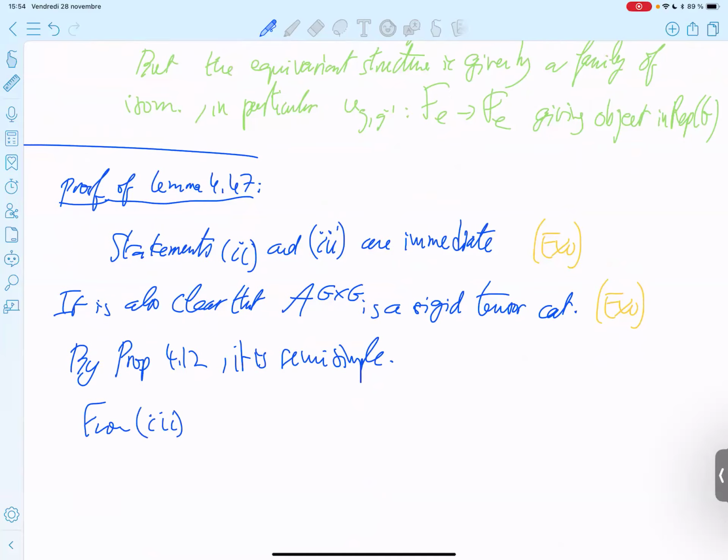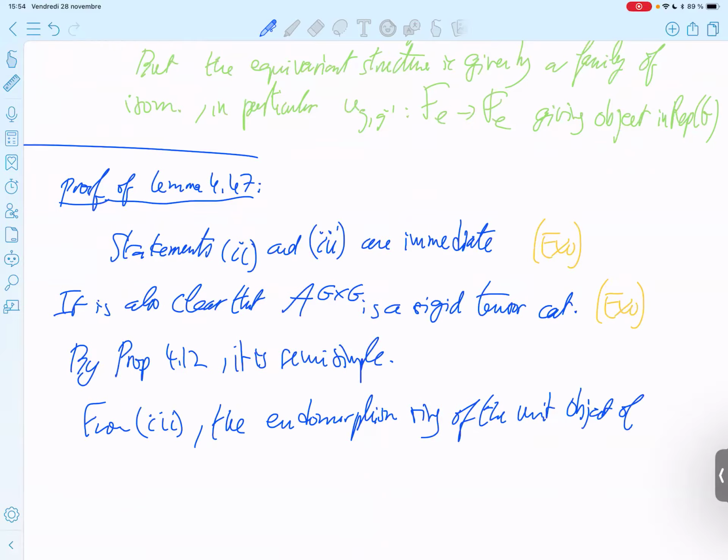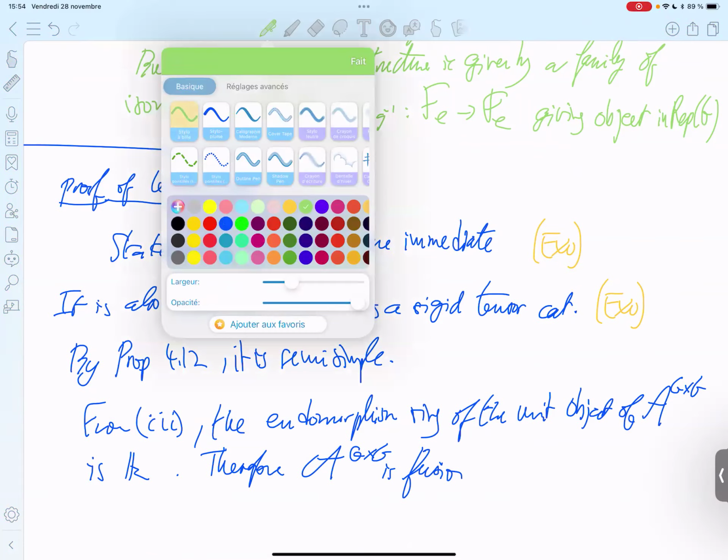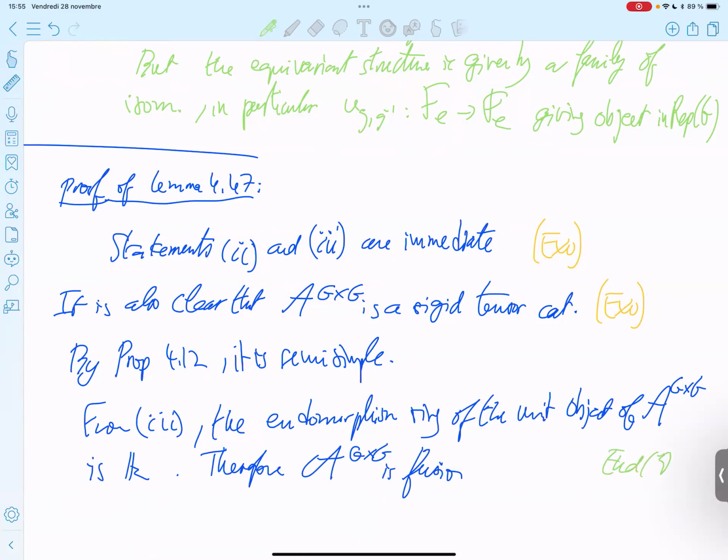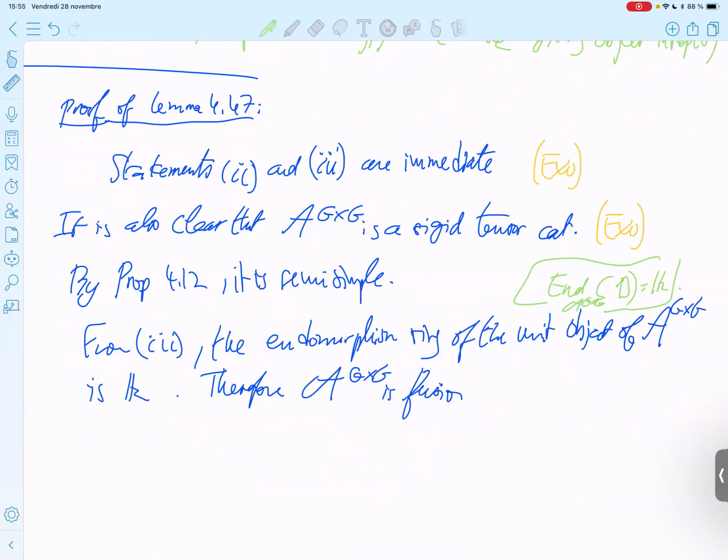From the third point, the endomorphism ring of the unit object of the equivariantization is K. Therefore, it's fusion. Okay. And that's all for the proof.